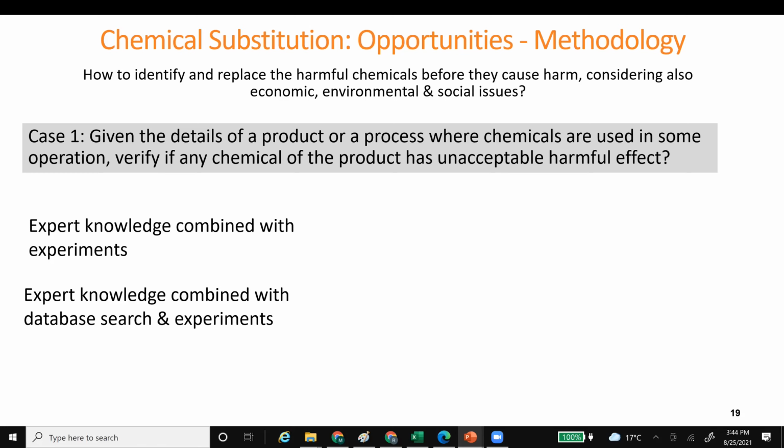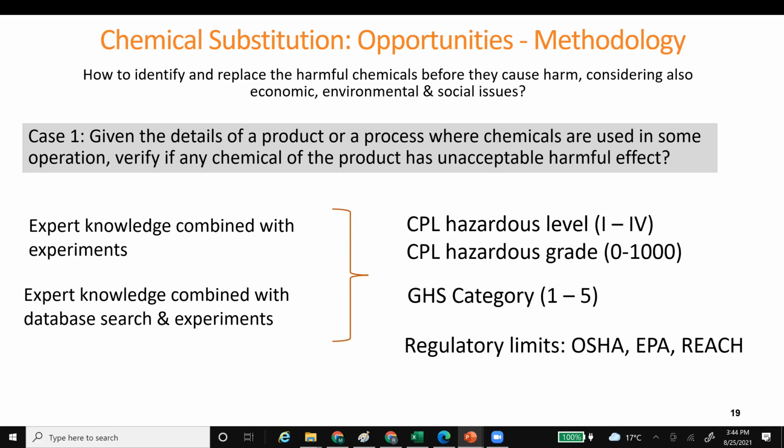So then what this will do is, based on the data, we'll find out what kind of hazard category, if we are trying to look at the hazards, what kind of hazard category all the chemicals have, and whether they violate any of the regulatory limits. That would be one thing.